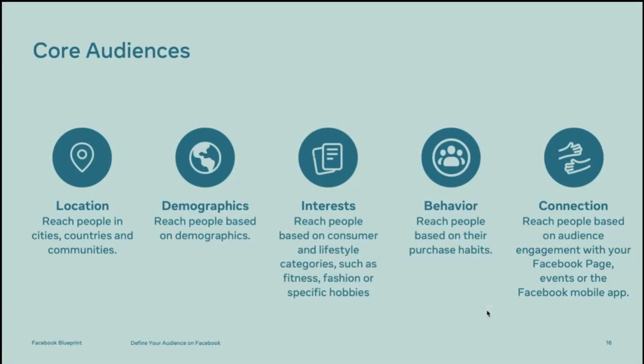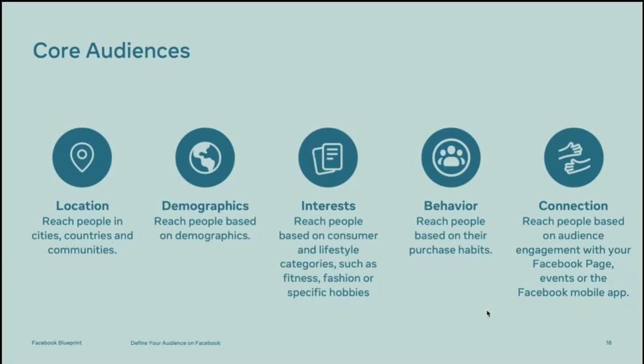Let's start with core audience. As you all know, core audience is the default Meta targeting option, and it enables advertisers to reach people based on demographics, locations, interests, behavior, and connections. Targeting happens at the ad set level and the audience selections.